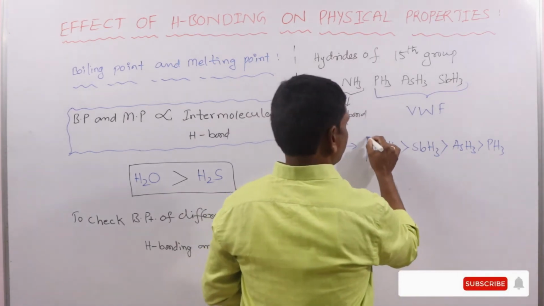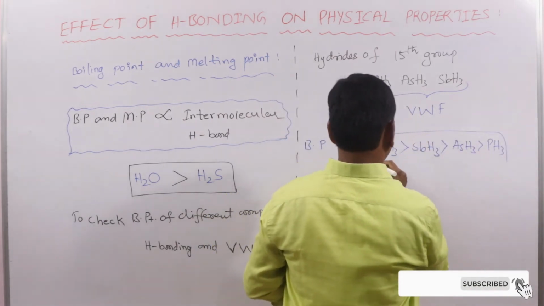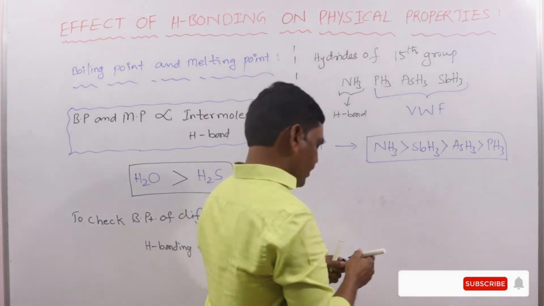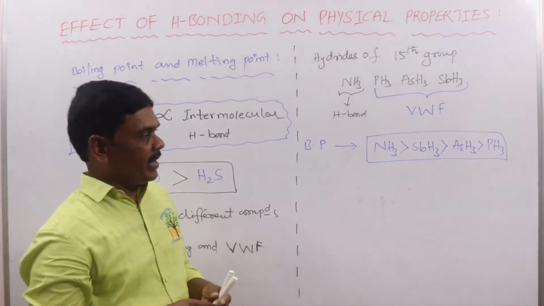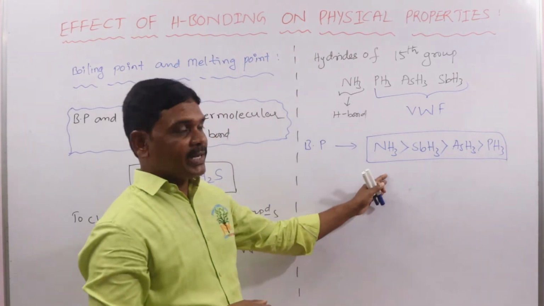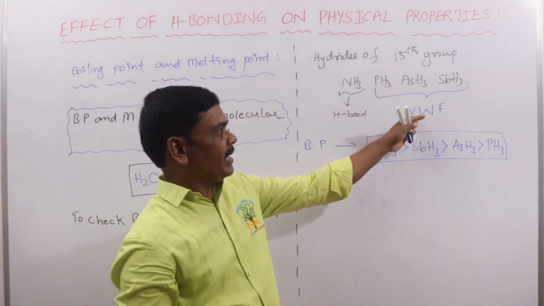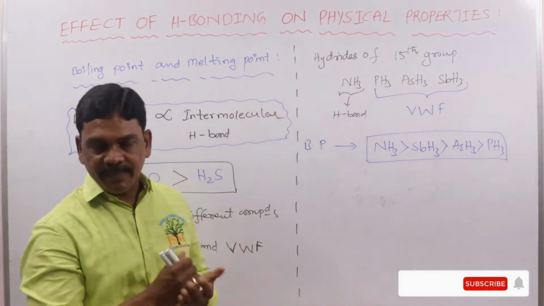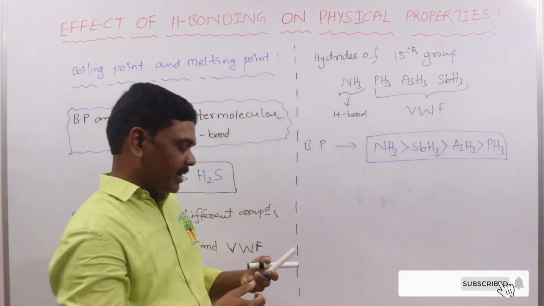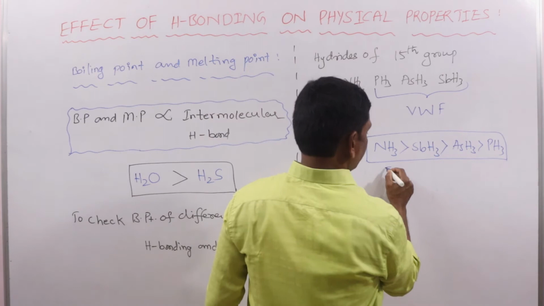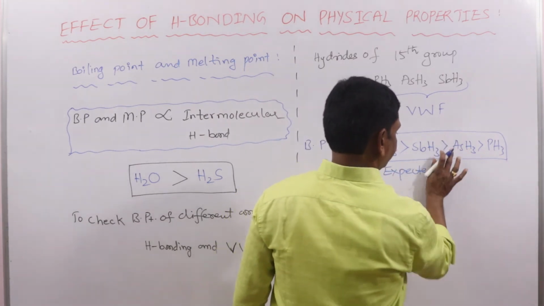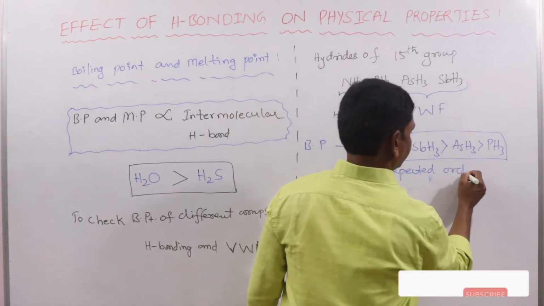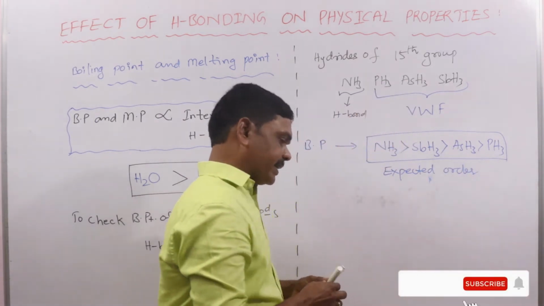This is the boiling point order of 15th group hydrides, based on hydrogen bonding and Van der Waals forces. It is the expected order.